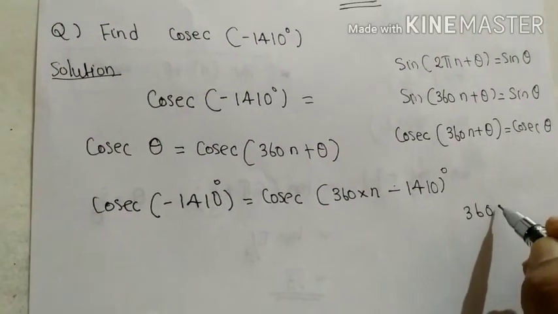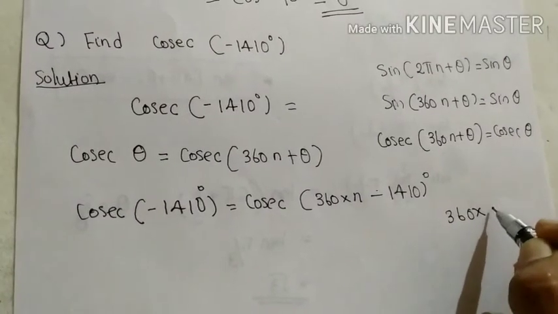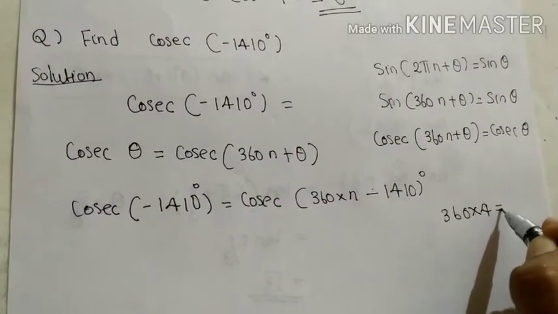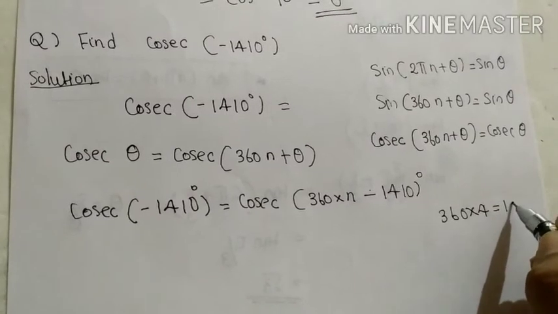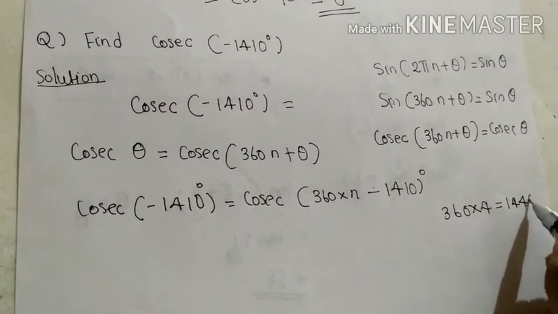So we know that 360 into 4 is equal to 1440.